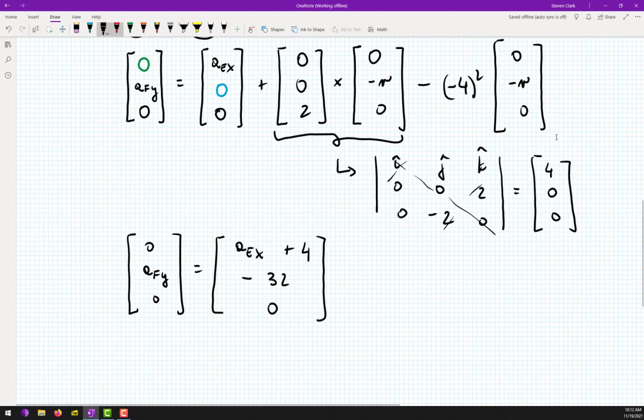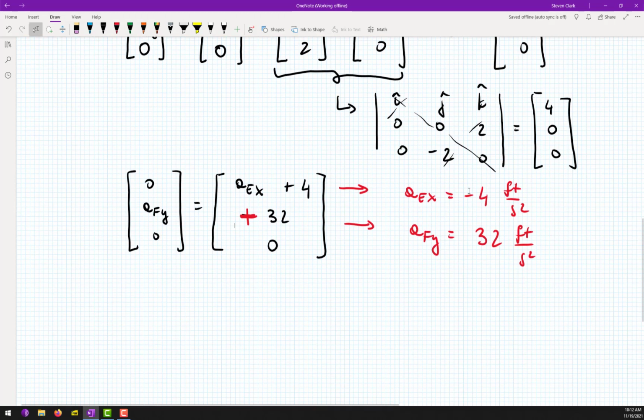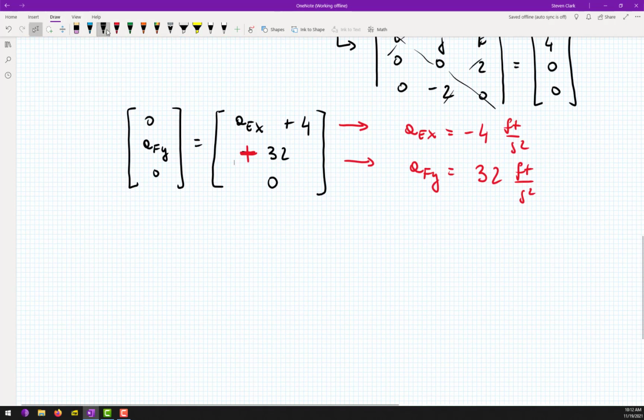So we know from here that AEX will be minus 4 feet per second squared. And from here we know that AFY is, I made a mistake, it should be positive 32. Otherwise it doesn't make any sense. Where did I make a mistake? It will be just here. It must be positive. Okay, great. So we found our vectors of these two points.